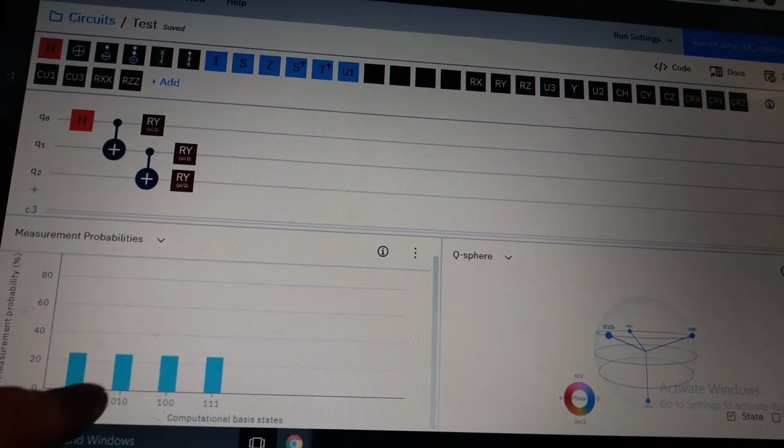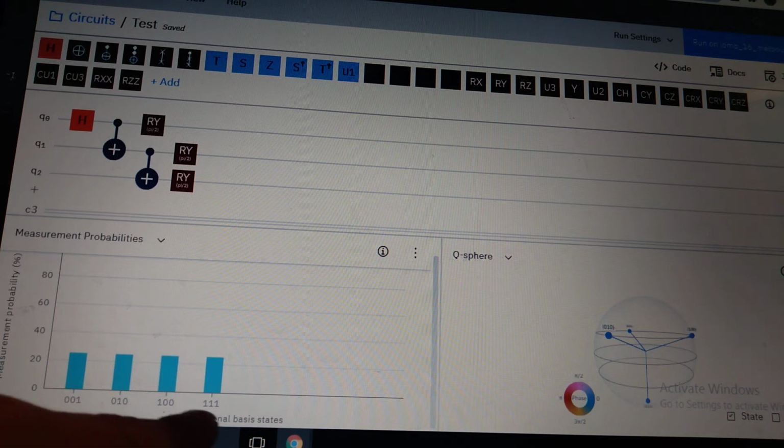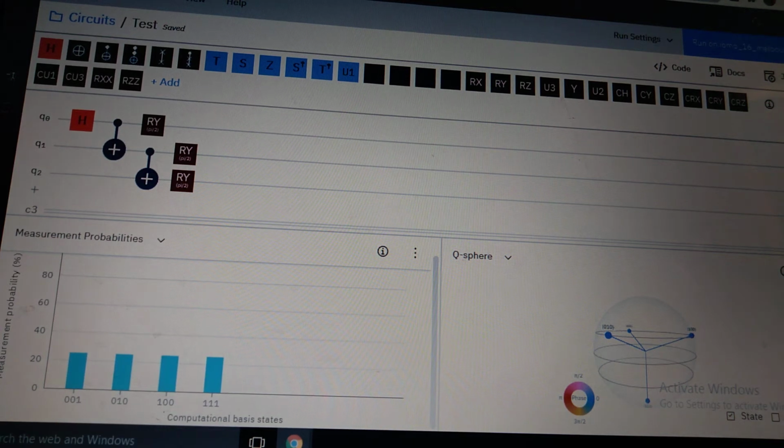But notice here we only have 4. Okay, and notice that we have an odd number of downs. So 1 down, 1 down, 1 down, or all 3 down. No even downs. Okay, all right.